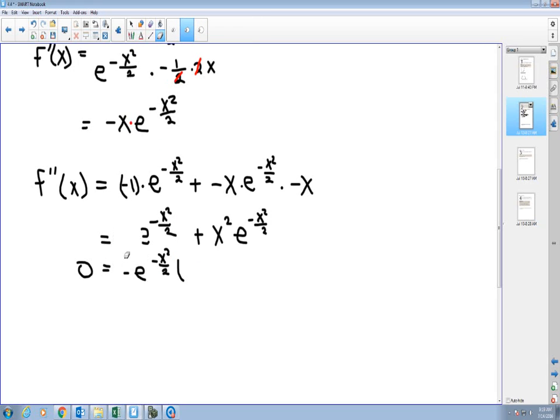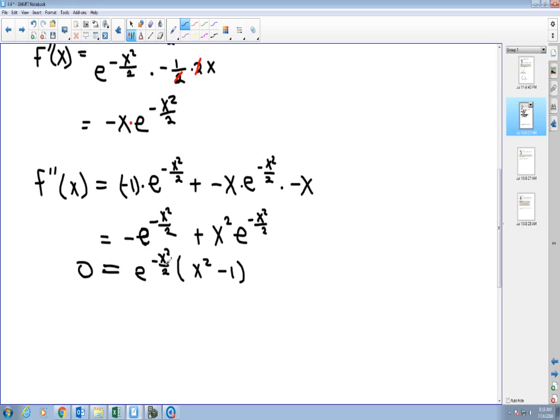I'm actually going to factor out a positive because it's easier for me to solve for 0 that way. If I factor out a positive, this is still x squared, and this term was a negative, so this one will become a negative 1. So I'm left with x squared up front and a negative 1, because in this case I can easily set it equal to 0 and solve.